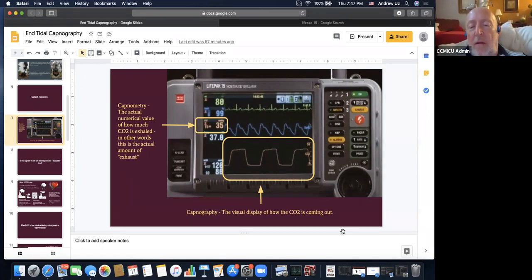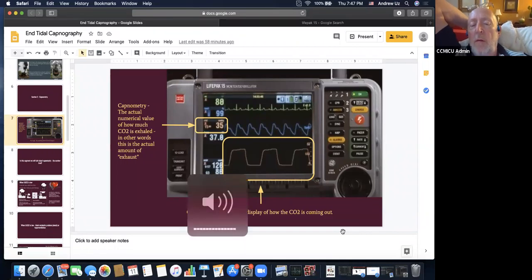The second thing that it's mostly used for in BLS is when you're bagging a patient that's in cardiac arrest or that needs ventilatory support, working with an ALS provider. While the ALS provider is busy doing whatever they're doing, your target is to adjust the bag depth and the bag rate to try and keep their end-tidal CO2 in the 35 to 45 range if you can.